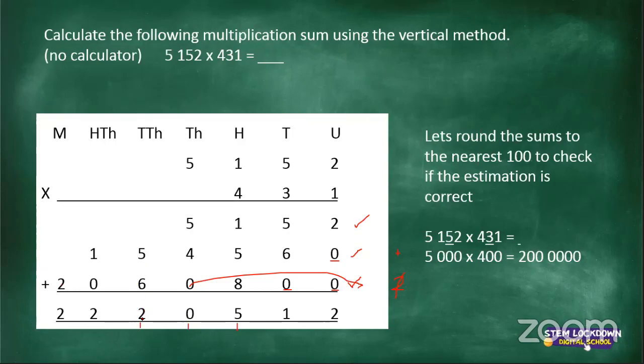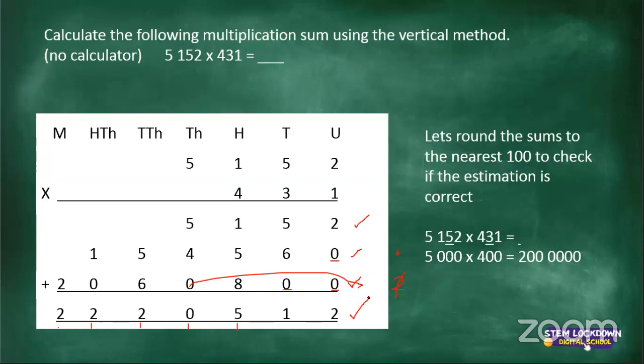So we put our 2 here and we carry our 1 to the next column. And then we have 1 plus 1 is 2. And there's nothing to add here, so we bring down our 2. And we have our answer here. And that's how we did a 4 by 3 number.